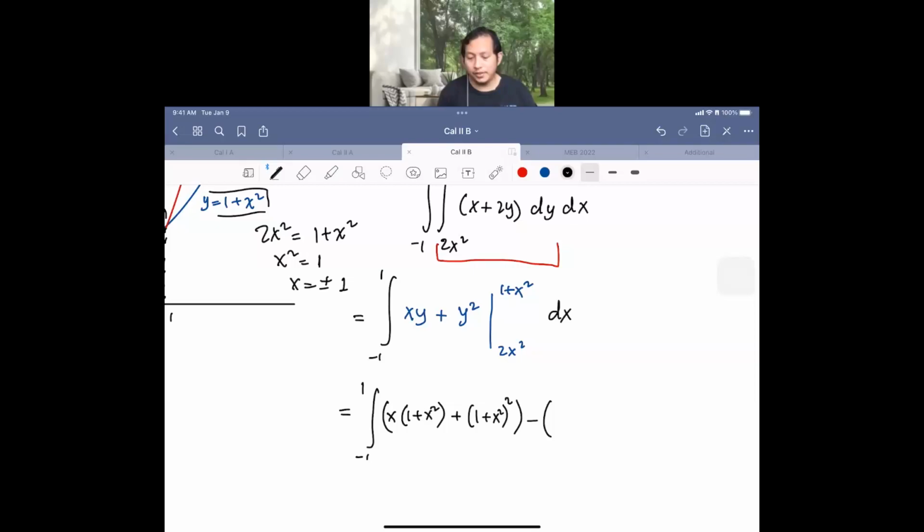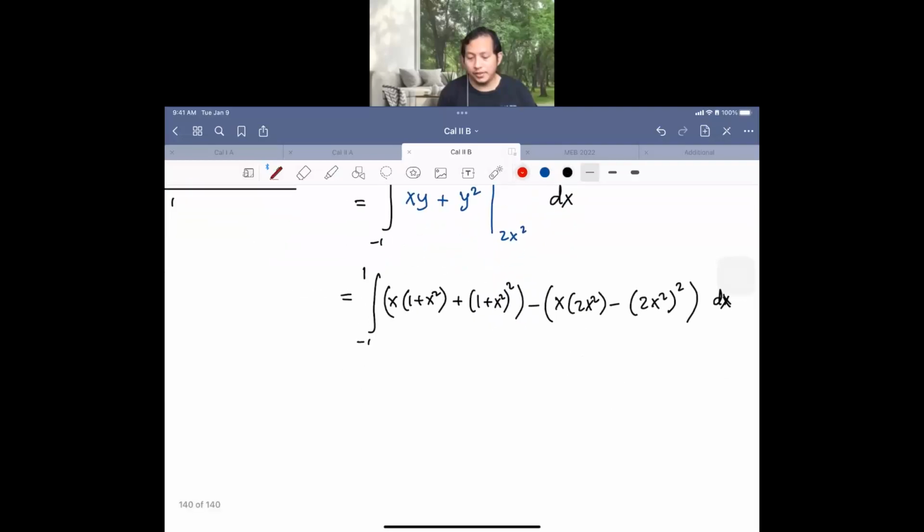Now x times 2x squared minus 2x squared, squared. And still the dx at the end.